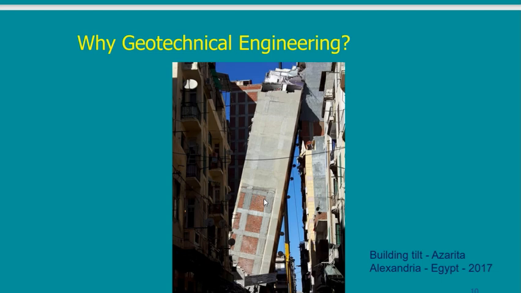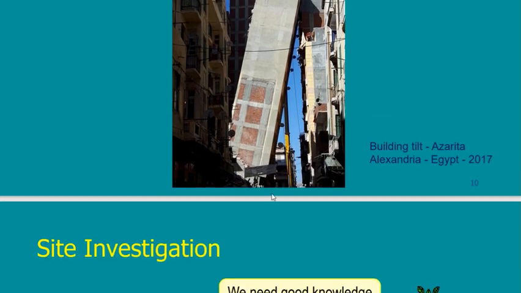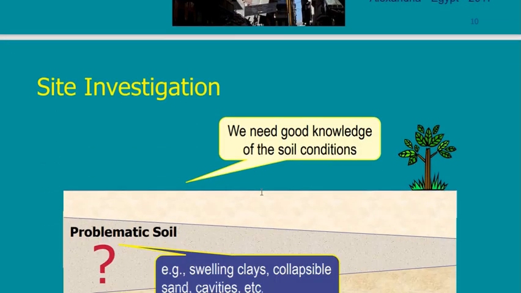Once this child goes away, you are going to fall. This is exactly what happened. Okay, these are all examples of why we are studying geotechnical engineering and why we are studying geology.